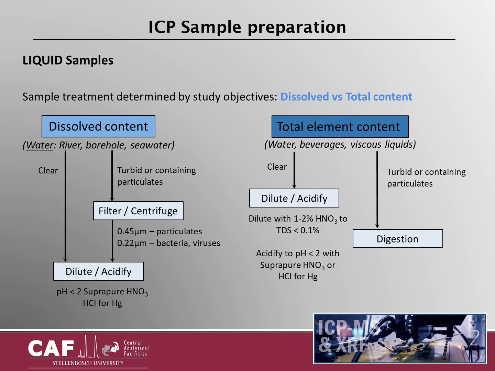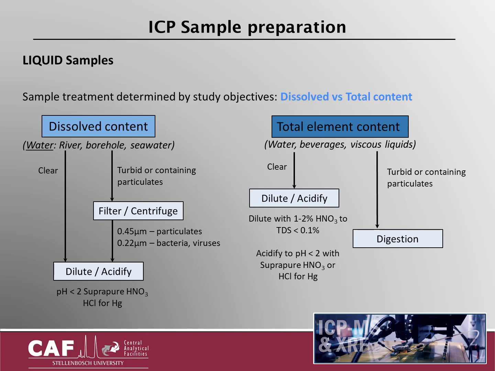So when the dissolved element content is of interest, which mostly applies to river, borehole or seawater, you treat the samples differently whether they are clear or are turbid and containing some particulates. So if the samples are clear, you simply acidify them to a pH less than 2 with superpure nitric acid and add some hydrochloric acid for mercury, and the sample can then be analyzed.